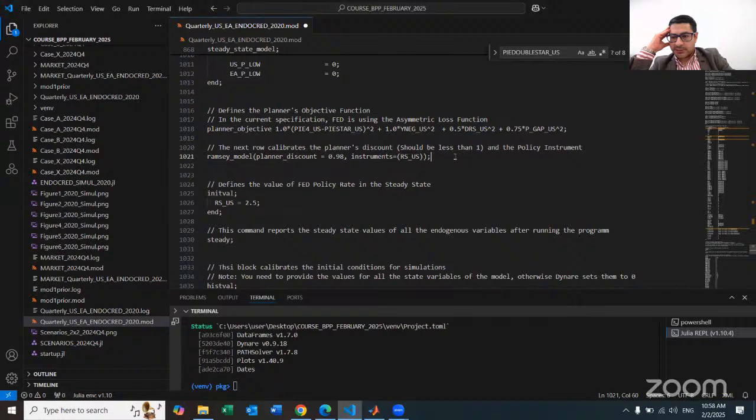The algorithms are the same, both in Dynare Julia and MATLAB, because when I tried to check that, I ran two models, both in MATLAB and Julia, and compared the result, and I get exactly the same for some of the policy experiments. I'm not sure, but I can conclude that the algorithms are the same.